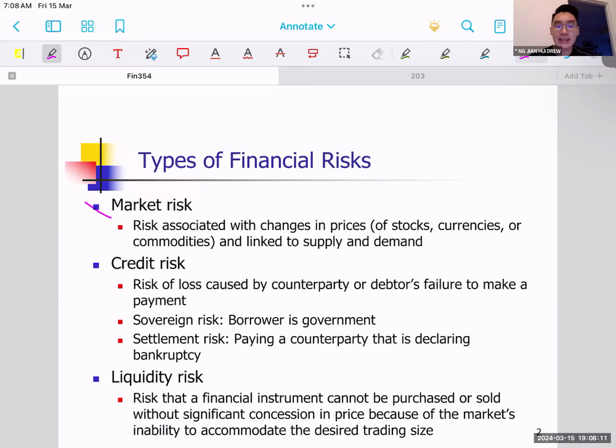So market risk is anything relating to changes in price, volume changes, maybe even sudden change in stock prices, and bond prices, interest rate environment. So everything relating to things that dictate the market, the stock movement, bond movement, that's your market risk, right? It's closely linked to demand and supply.